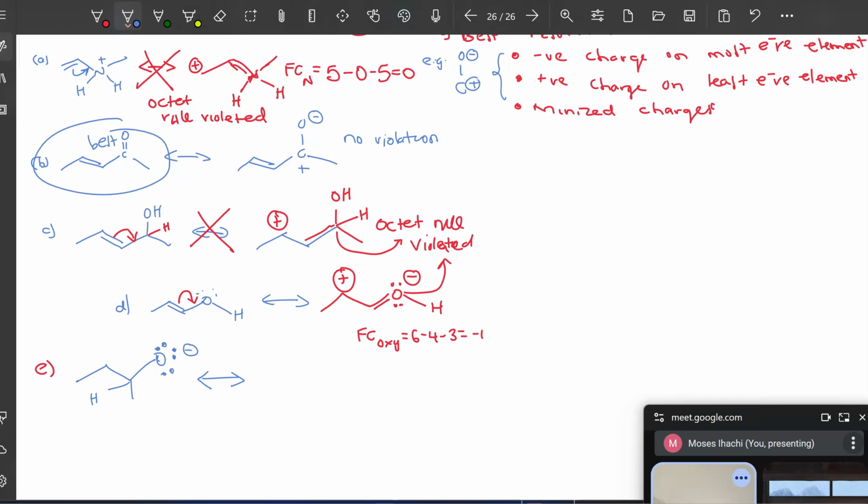I think 1, 2, 3, 4, 5, 6, 7, 8. I think it's fine. It's not fine, because if you're pushing it this way, you're forgetting about the implied hydrogen, which is why I keep showing you the implied hydrogen. Again, this will not happen because of the octet rule. Got it.